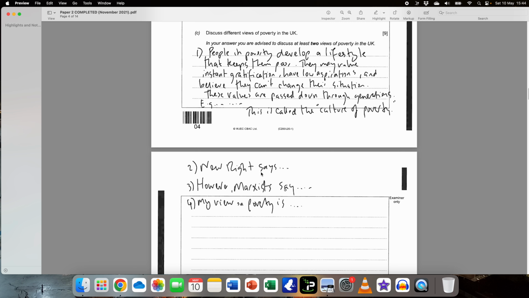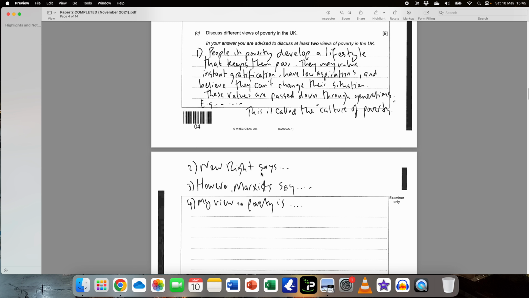So poverty is caused by inequality that's caused by capitalism, which keeps rich people rich, and the workers poor because they are paid low wages. So the Marxist explanation is poverty is caused by workers not being paid enough and rich people being paid too much.